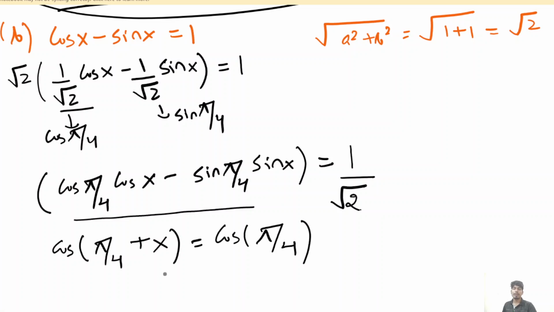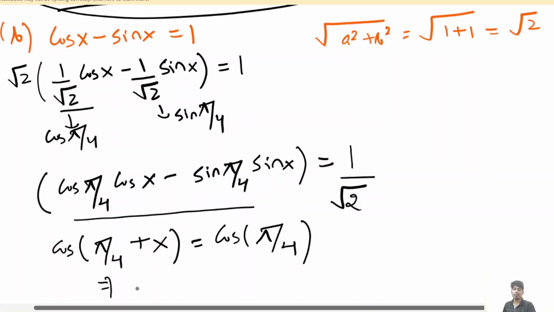Then apply cos θ = cos α, then θ = 2nπ ± α, where α is π/4.